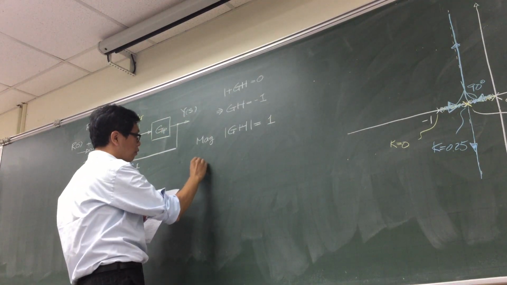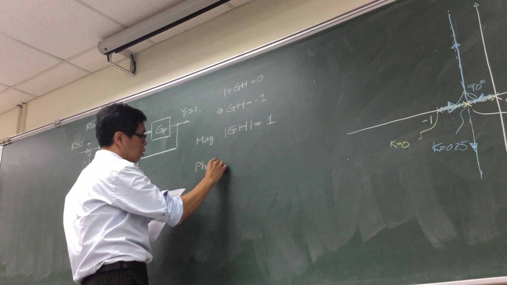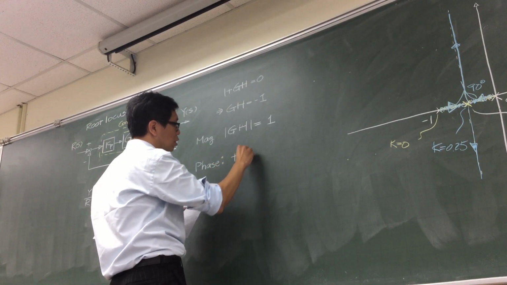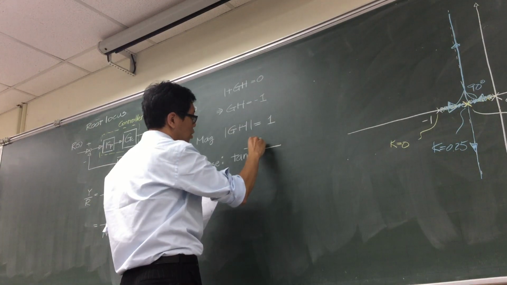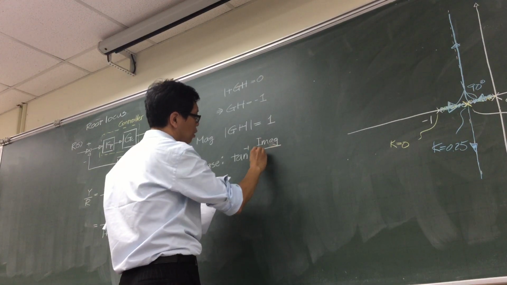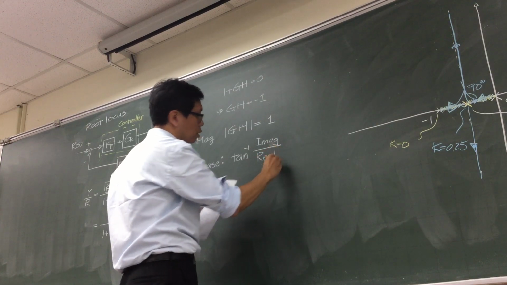When we are talking about the phase, it is going to be arctangent of imaginary part divided by real part. Why is that?